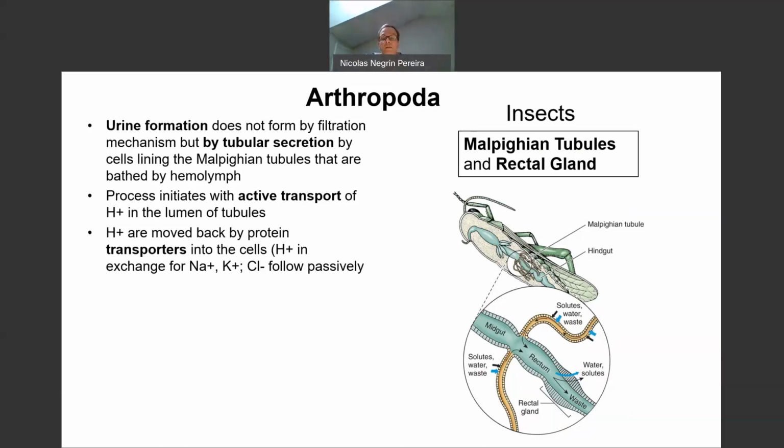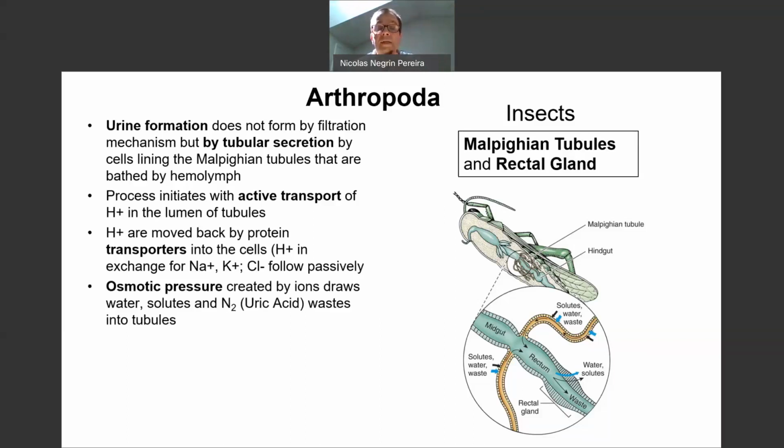So once the hydrogen is moved, or the proton is moved into the lumen, it is going to be transported back to the hemolymph by transporters, but these protons, by exchange, will actually draw sodium and potassium inside the tubule, while chloride will follow passively.